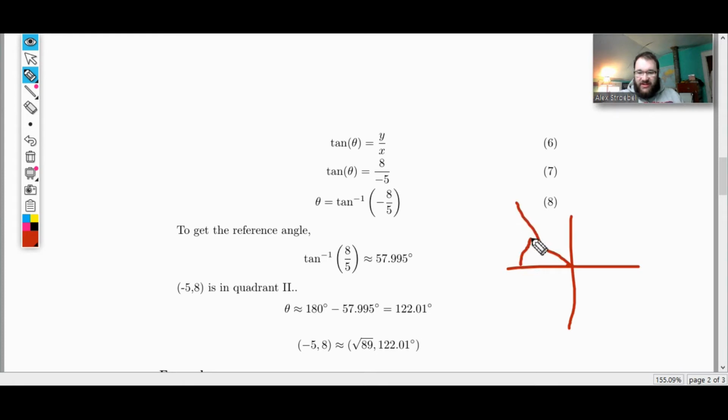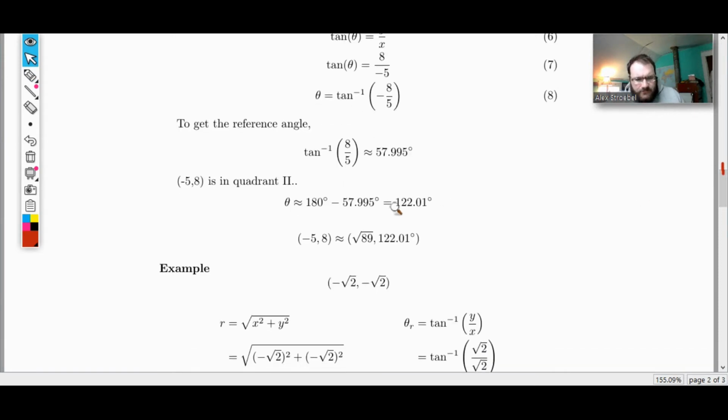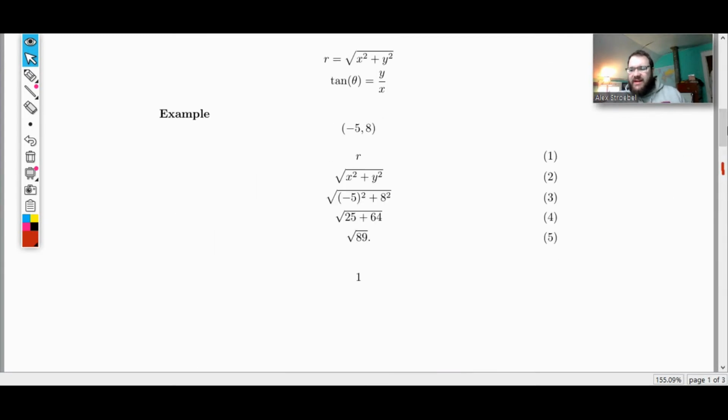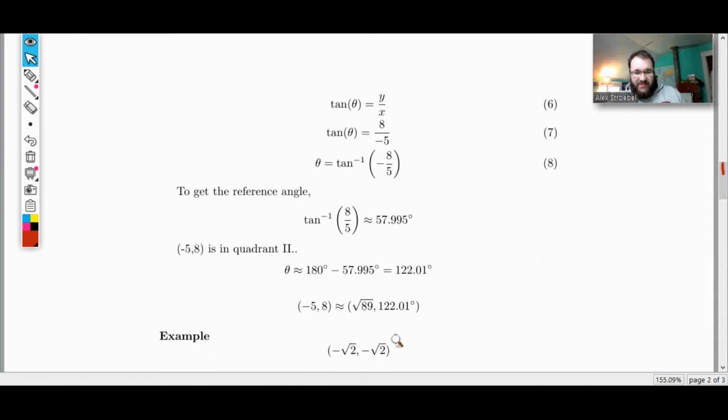That gives us 122.01. So our point has an r value of the square root of 89 and a theta of 122.01.